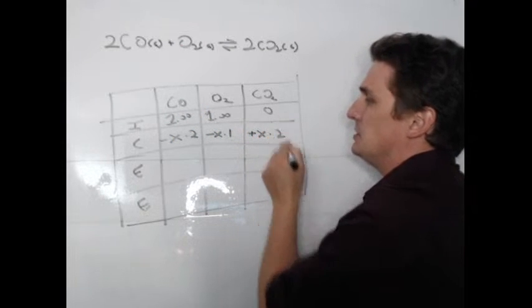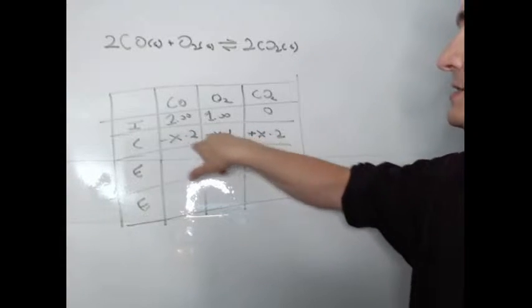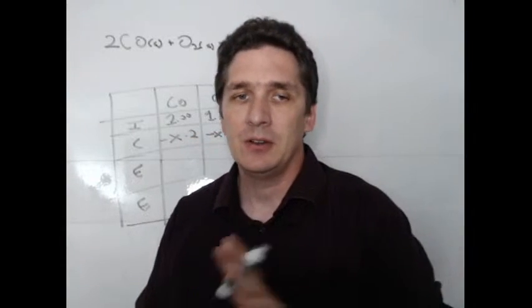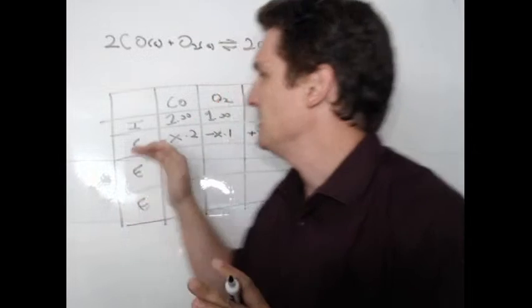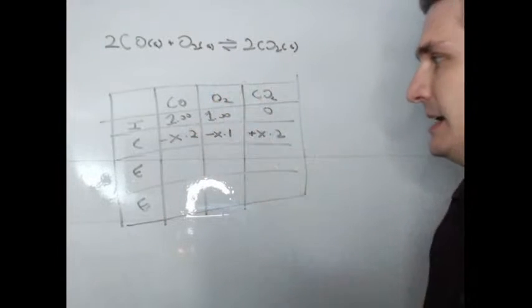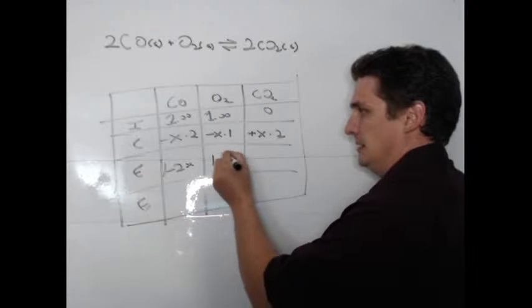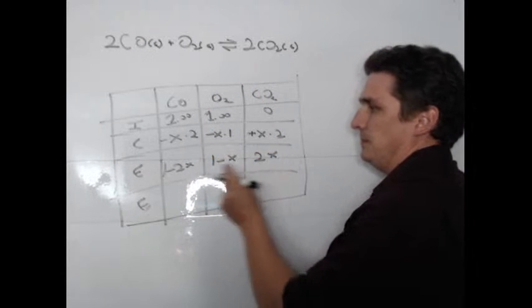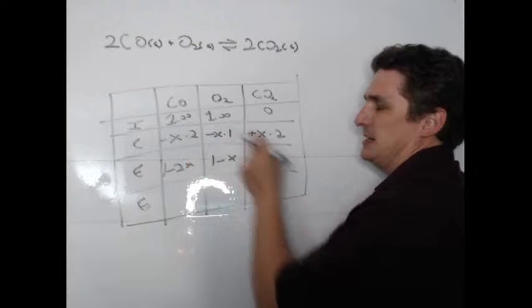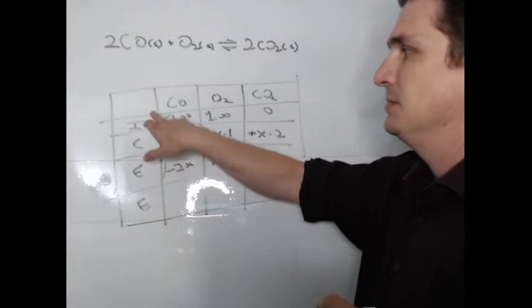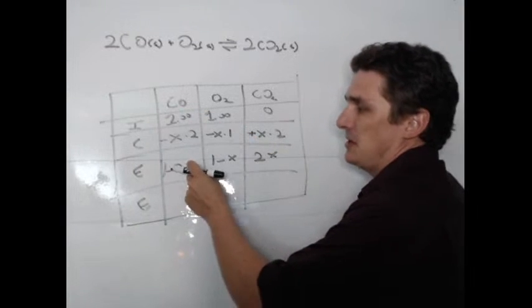You'll see in the notes, we define extent of reaction as positive for products, negative for reactants. There are debates on this, but I prefer this because it takes a lot of thinking out of setting up the ICE table. Because we have this definition that x times the reaction coefficient gives us moles of whatever we're working in, the units automatically work out.